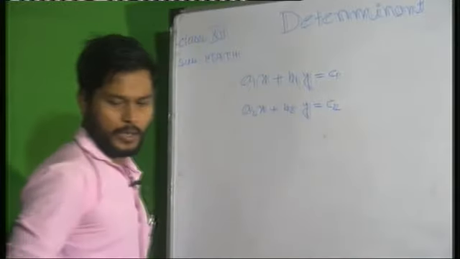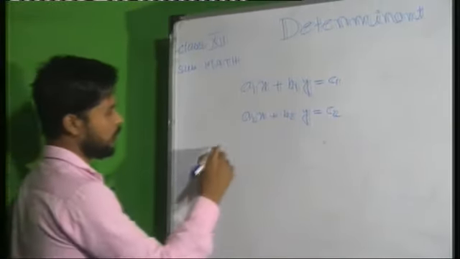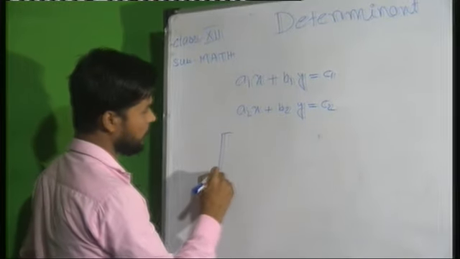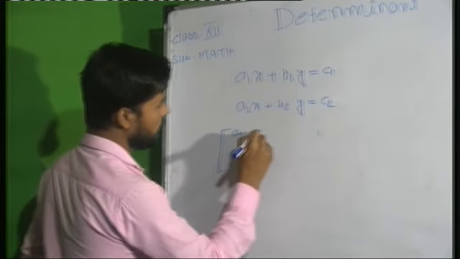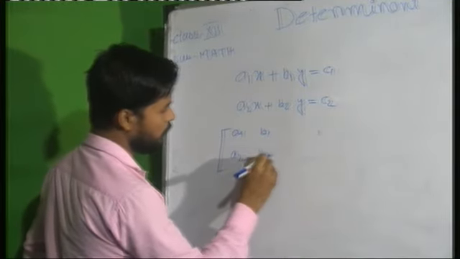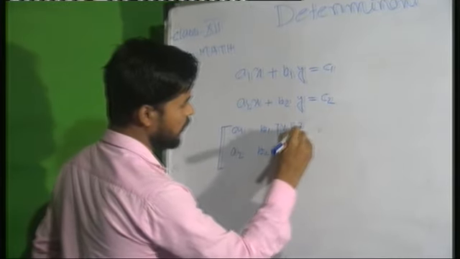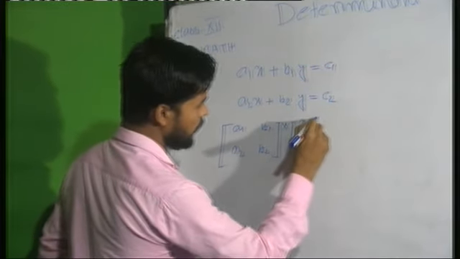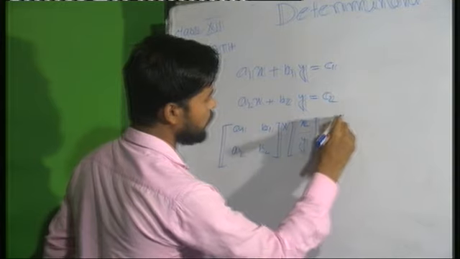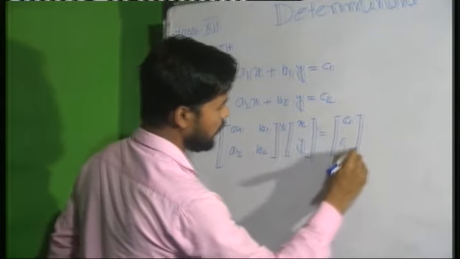Now this pair of linear equations can be represented in matrix form like that: [a1 b1; a2 b2] multiplied with [x; y] is equal to [c1; c2].